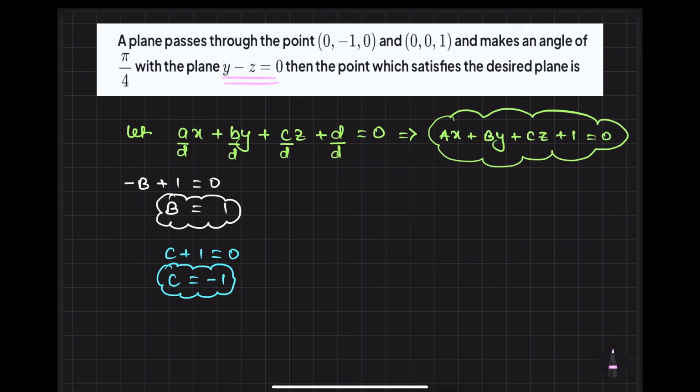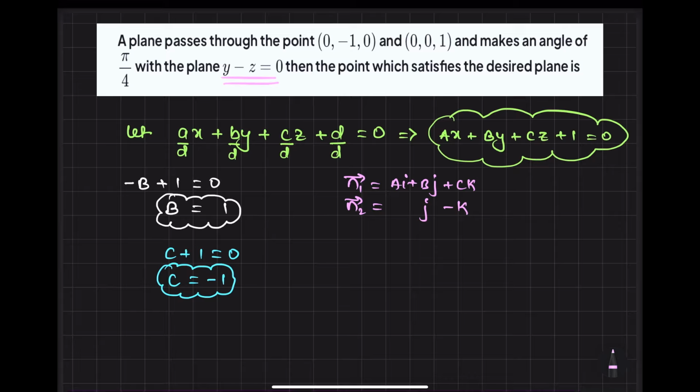So can I say that the normal 1 is ai plus bj plus ck and the normal 2 is j minus k. So they are saying that it is making 45 degrees.